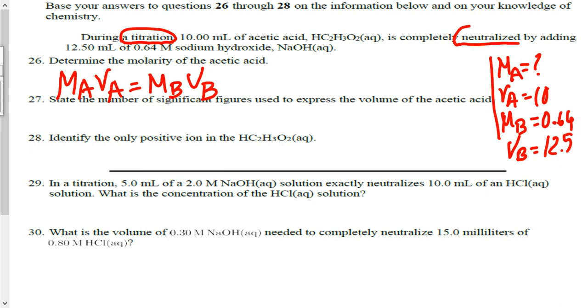Because it's an acid-base neutralization question, you should use the titration formula. So where MA is something we are looking for, the molarity of the acid, so we are looking for MA equals question mark. The volume of the acid is right here, 10 milliliters, so that's the volume.